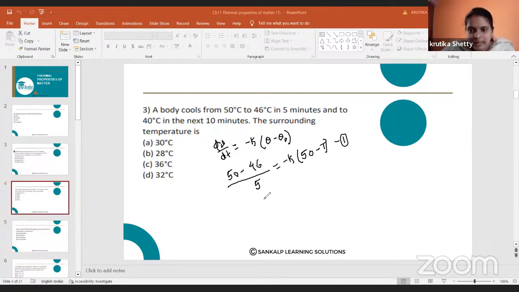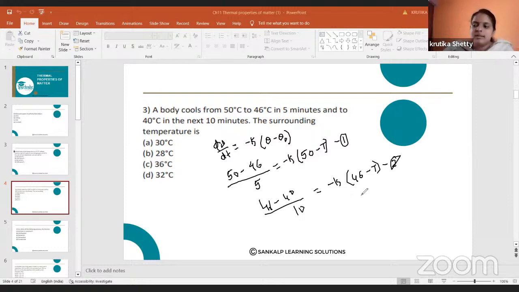By the next data, calculate equation 2. That is 46 minus 40 divided by 10, which is equal to minus k into bracket 46 minus t. This is equation 2.